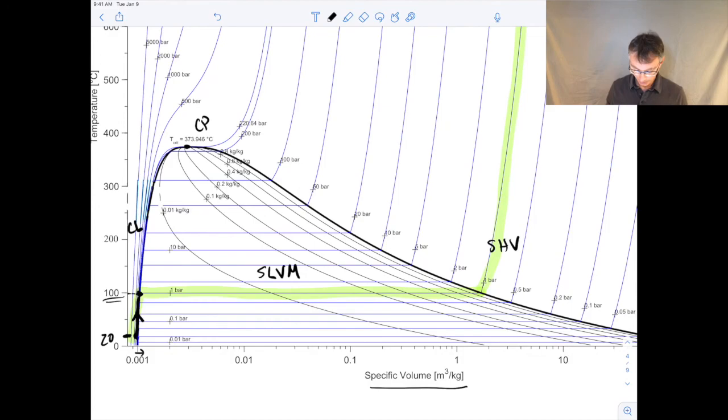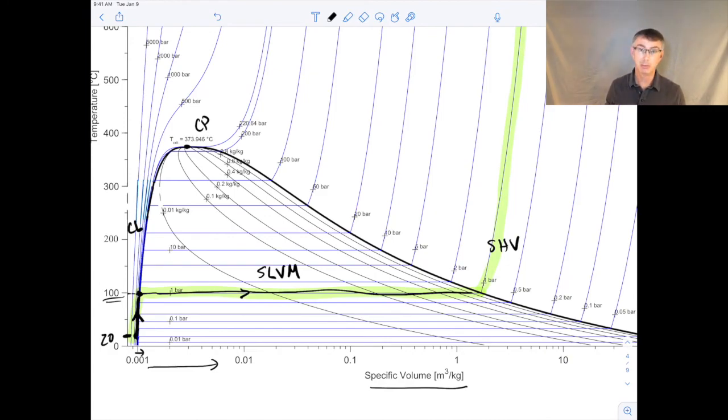And so now we have a saturated liquid, and as we continue to add energy into our boiling pot of liquid, we continue to move this way on the specific volume axis. So now we're going this way on our plot.